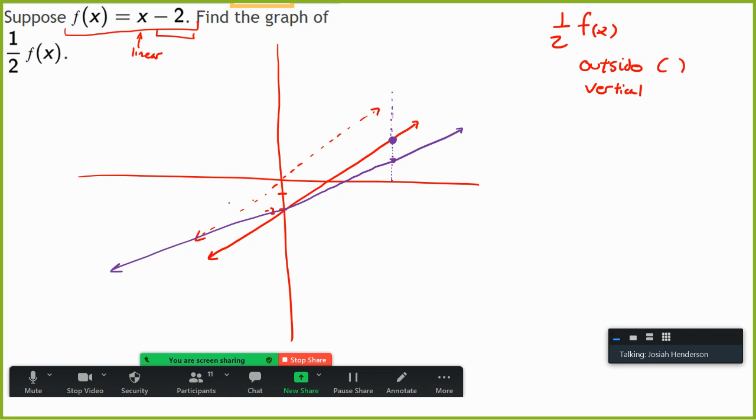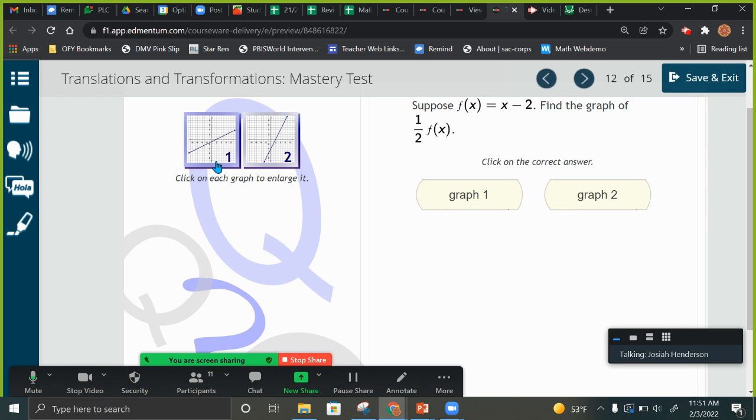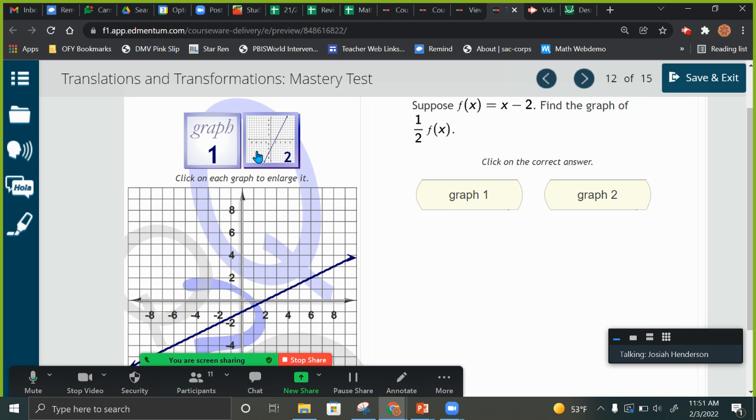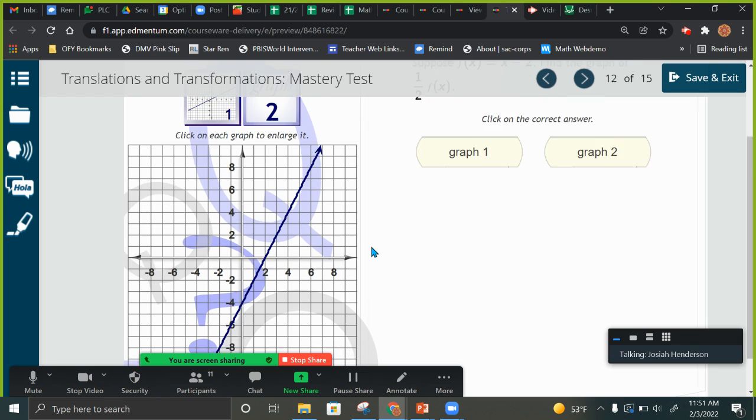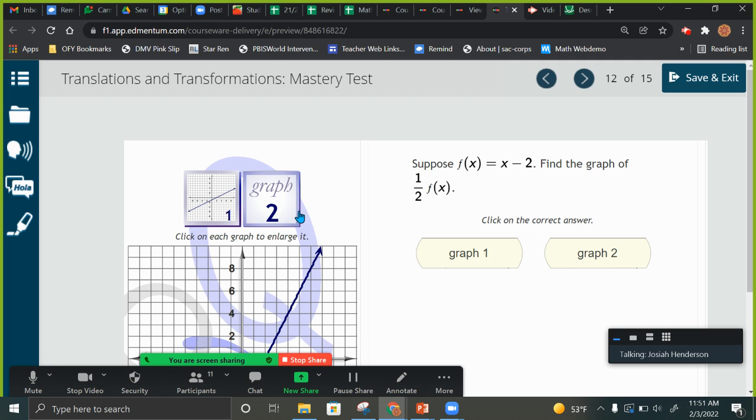Let's see if we can find that back on Edmentum. So here they only give us 2 choices. So folks who are with me and doing it, let's look at the 2 options. Option 1, wait a second.